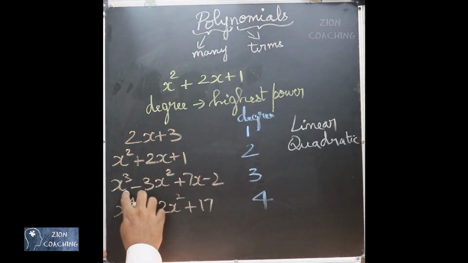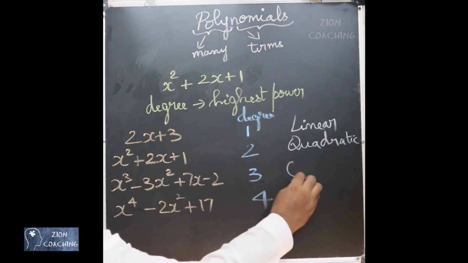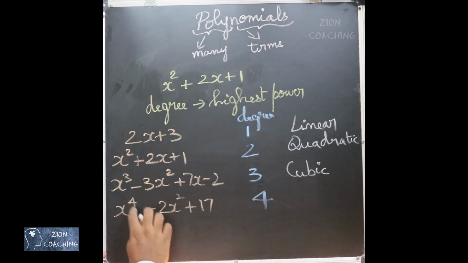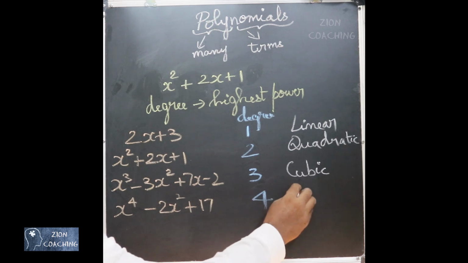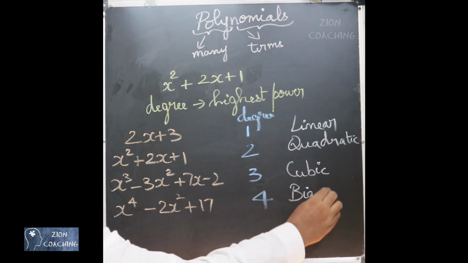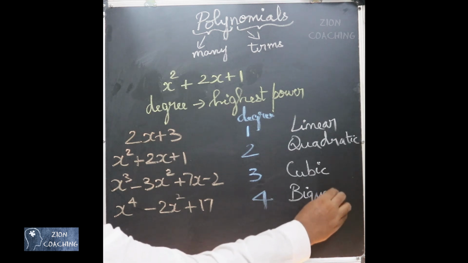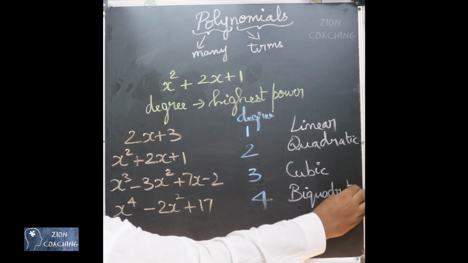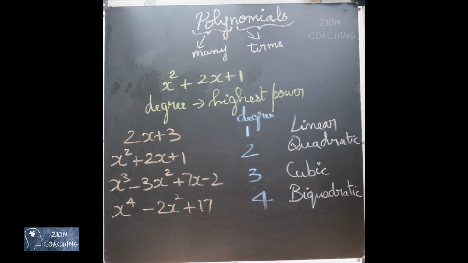A polynomial of degree 3 is called a cubic polynomial. And a polynomial of degree 4 is called biquadratic, or you can also call it quartic. Normally we call it biquadratic. In some places we also call it quartic.